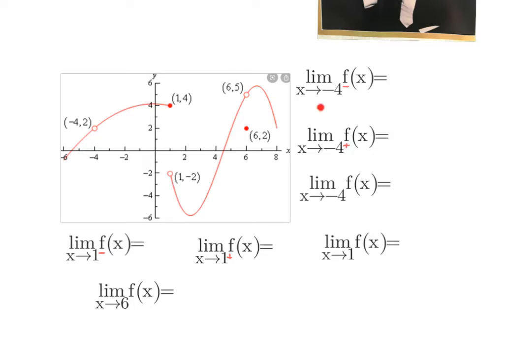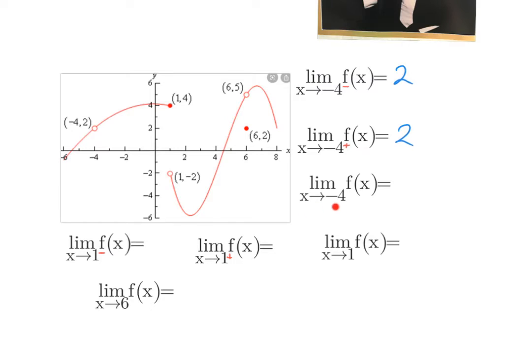Okay, so limit as x approaches -4 from the left. What we're asking ourselves is, as this function approaches -4 from the left, what y value does it approach? Well, it approaches that y value of 2, and so the answer is 2. And when we approach from the right, we're approaching that exact same y value, and so this answer is also 2.